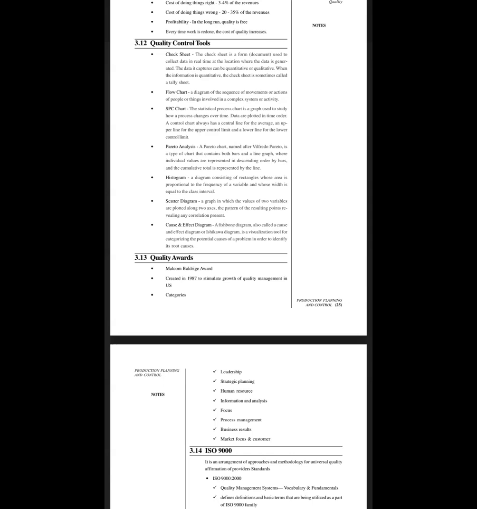It was started in 1987, and the motto of this award is to make sure that the product they are manufacturing is qualitative. They created this kind of award for nominating a good product, and they want the product to be of good quality only, so that the businessmen who are manufacturing goods also want to have this award.